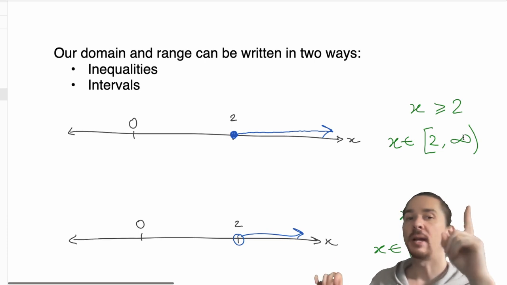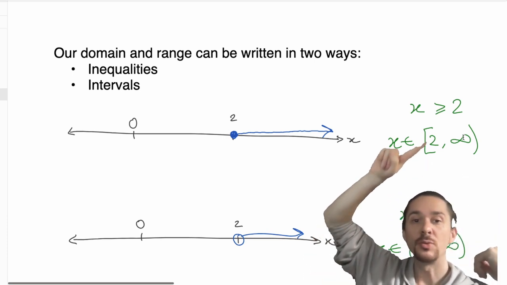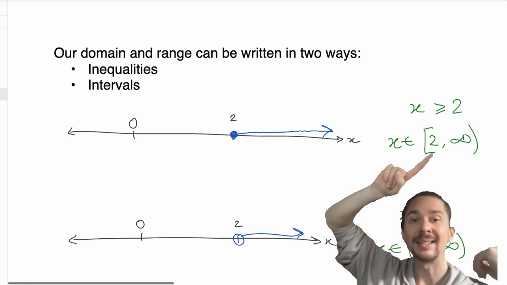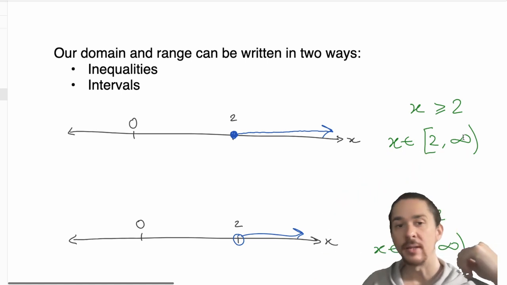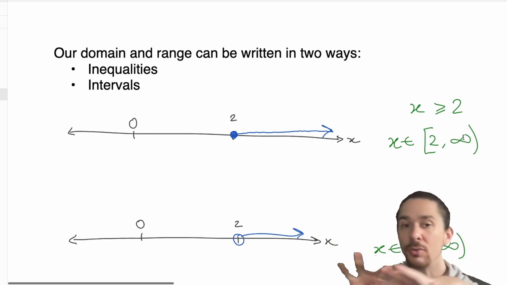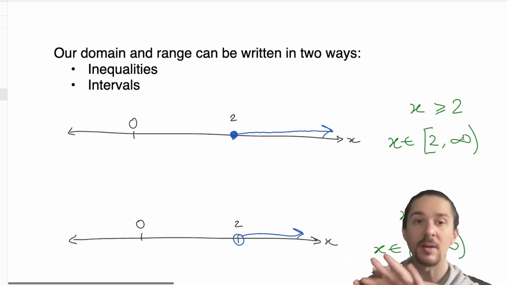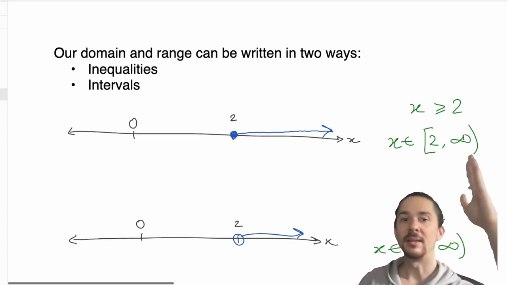Now I want to point out that these brackets don't match. The square bracket means we include this boundary, so x can be equal to 2. The round bracket means we do not include this boundary. And whenever we're using infinity, we do not include infinity because infinity is not a number, it is a concept. There is no top number in this set.